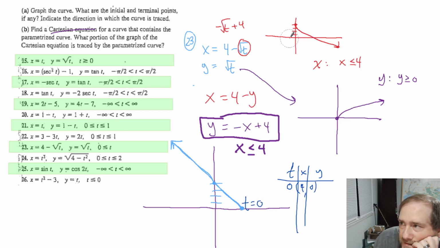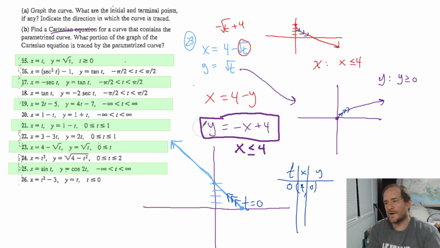Then, if you look at your graph, you can see the x's are decreasing, which is not a huge shock because we knew that from here we had to go left. If you look at your y equation, you can see that your y's are increasing, which is not a huge shock because the only direction for us to go is left and up. So the fact that the x's are decreasing tells me I'm definitely going left. The fact that the y's are increasing tells me I'm going up. So here's t equals 0, and I'm plotting that way from right to left.